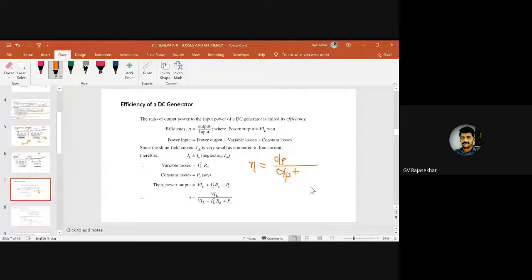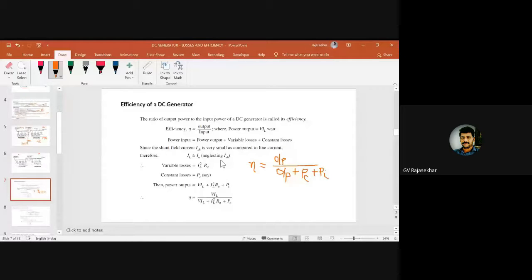So power output plus copper loss, that means the variable loss, plus iron loss, PI, or constant loss. In the constant losses, the friction and windage loss can be added if known.